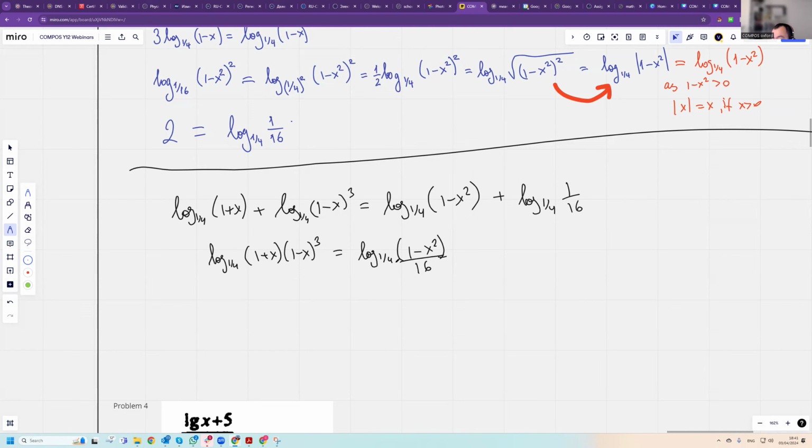And because log is a one-to-one function as well, log is a monotonic function. So if log a equals log b, then a equals b, because log is monotonic.